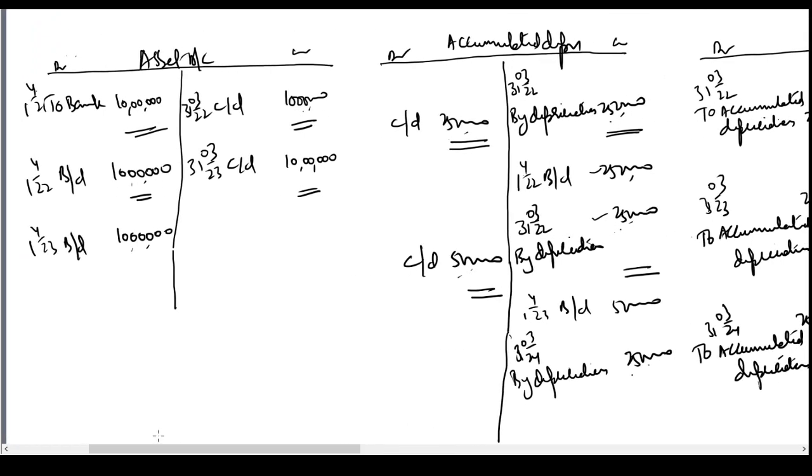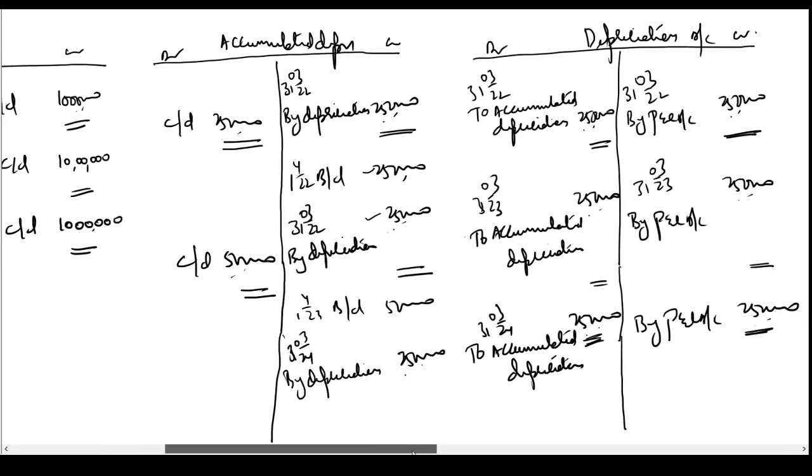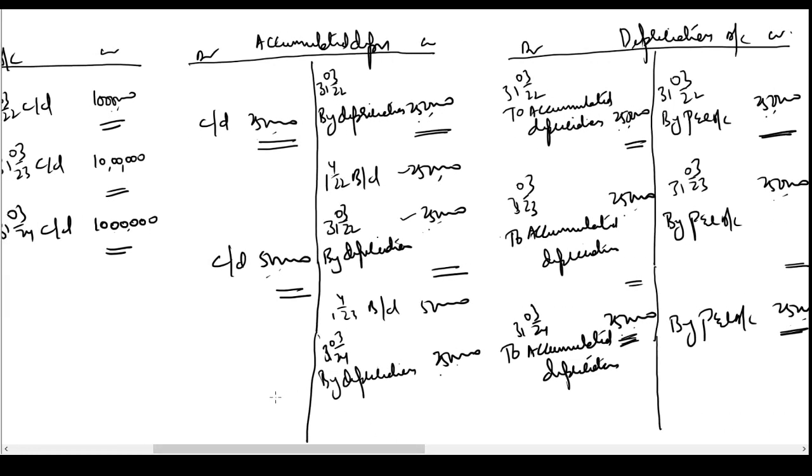Now let us balance the accounts. 31st March 24 carried down 10 lakh rupees. 1st April 24 brought down 10 lakh rupees. Accumulated depreciation is now showing a balance of 7,50,000, carried down 7,50,000. 1st April 24 brought down 7,50,000.